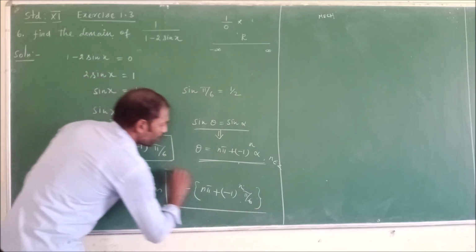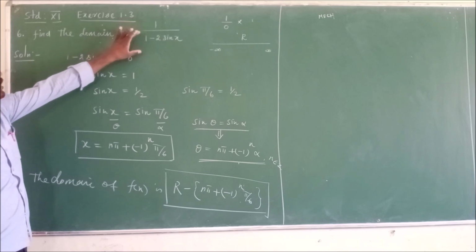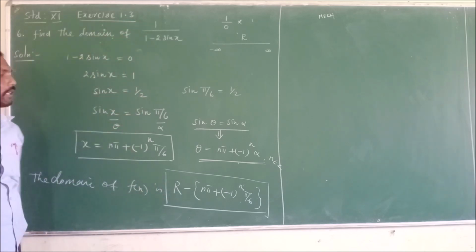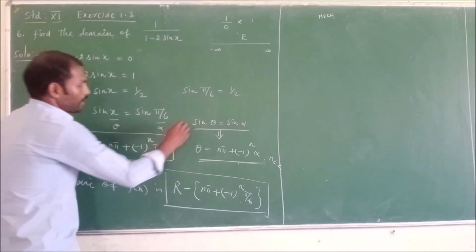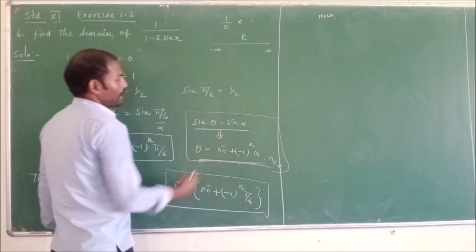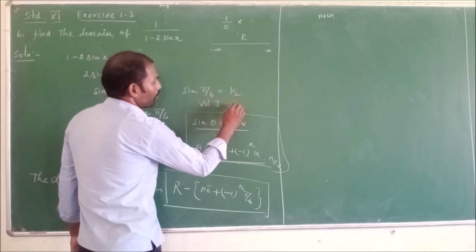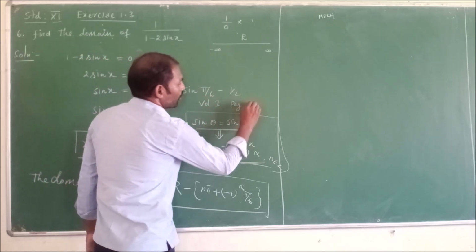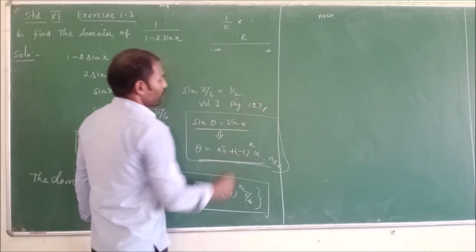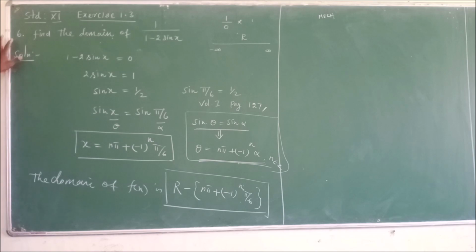It is called the domain of the required function, the given function. This is the general solution of the trigonometric equation. See volume 1 of the lesson, page number 127, for the result. Is that clear? Problem number 6 is completed.